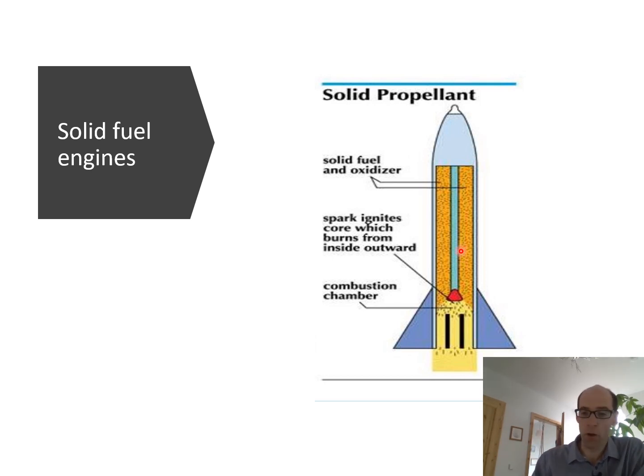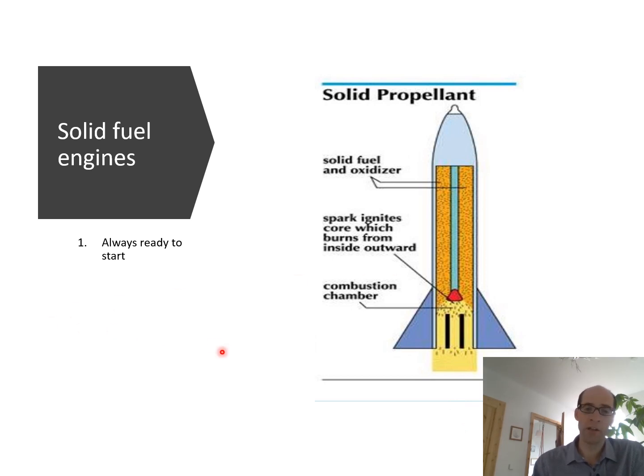It's not gunpowder, which is what you'd have in a firework, because gunpowder burns too fast. It might be aluminium and some kind of oxidizer, for example, bonded in some resin. But the key point is that when that mixture is ignited, it starts to burn very quickly. It doesn't require external oxidizer, and it comes out the back of the rocket and off it goes.